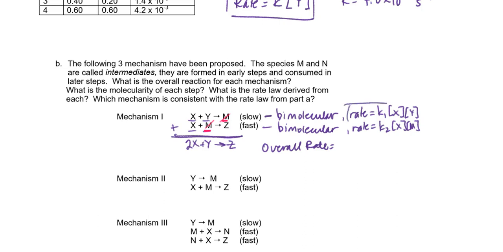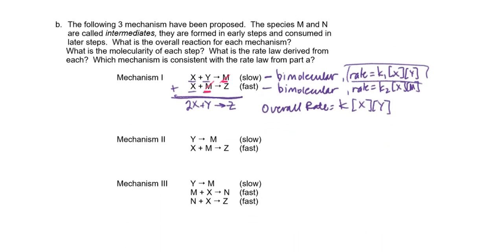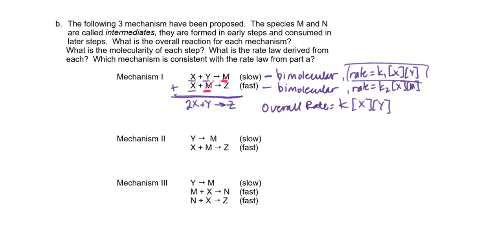And so that would be this rate law. So the overall rate for this reaction mechanism would be K times X times Y. Now notice this does not match the experimentally determined rate law that we figured out at the beginning of the problem. And so as a result, it is unlikely that mechanism 1 would be appropriate for this chemical reaction.